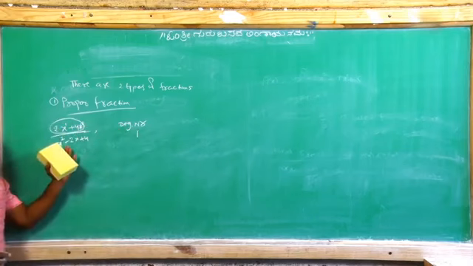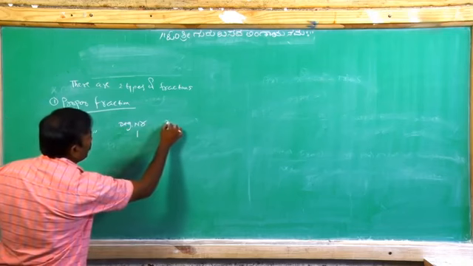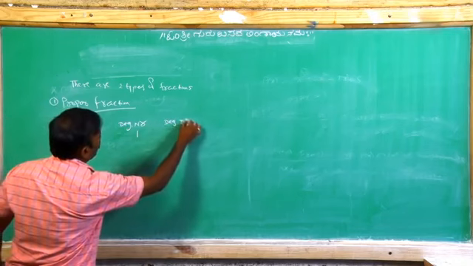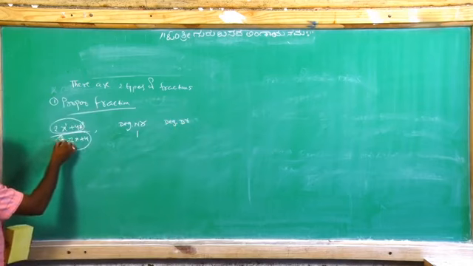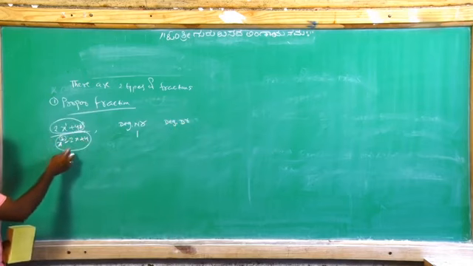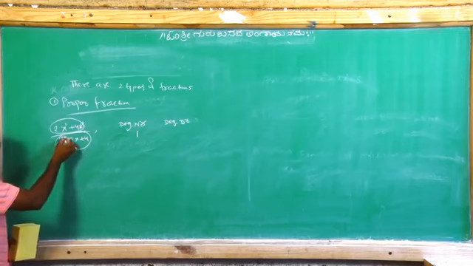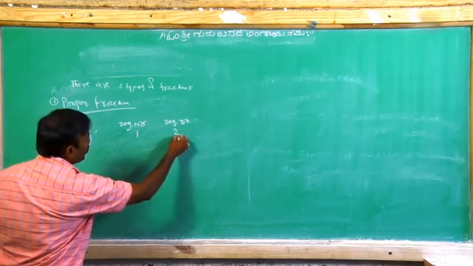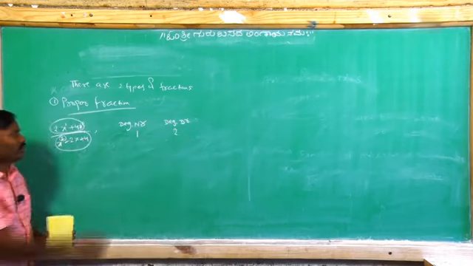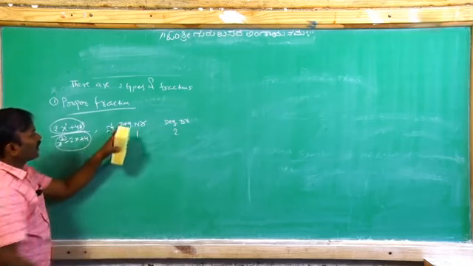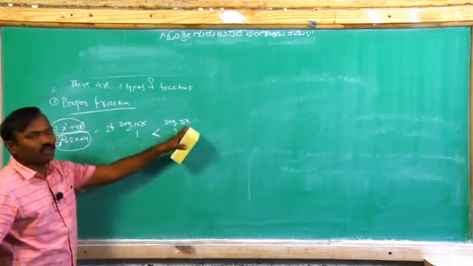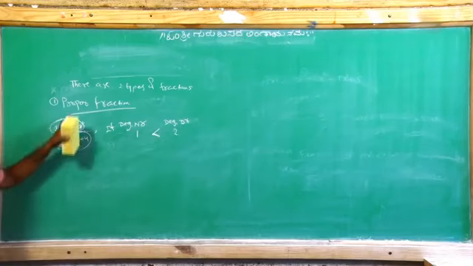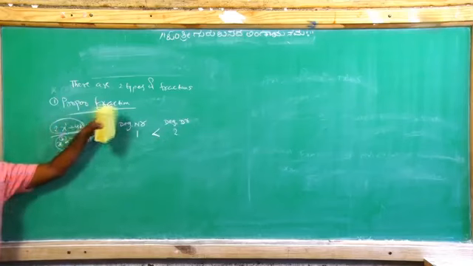Next, find the degree of the denominator. Here the highest power of x is 2, so the degree of the denominator is 2. If the degree of the numerator is less than the degree of the denominator, then the fraction is called a proper fraction.